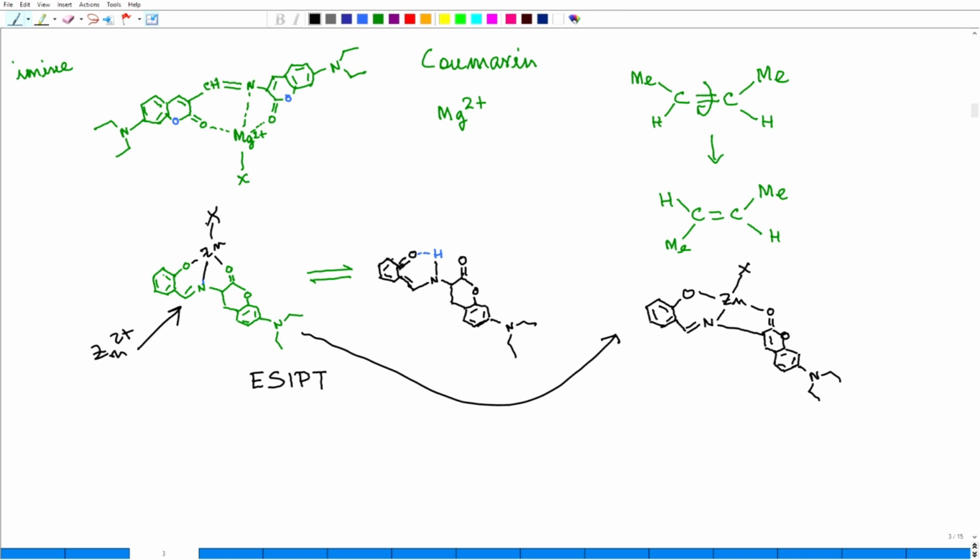So, what is the problem? Now, the hydrogen is not there. So, there is no question of excited state proton transfer. In the absence of excited state proton transfer, if I excite this coumarin, I see a very strong fluorescence.